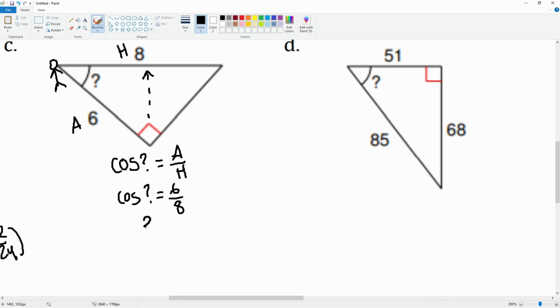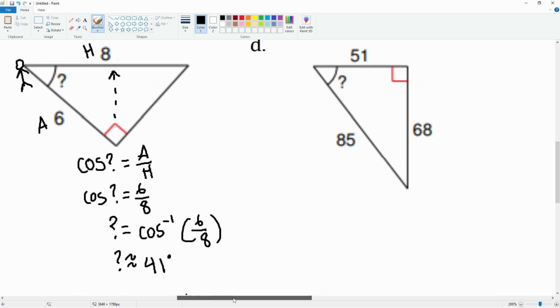Question mark is equal to the cosine inverse of 6 over 8. So we can plug that into the calculator. Cosine inverse of 6 divided by 8, you get the question mark is approximately 41 degrees.